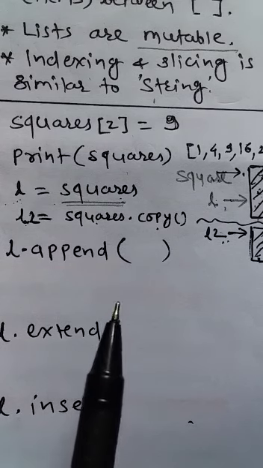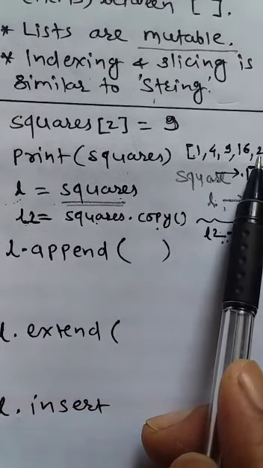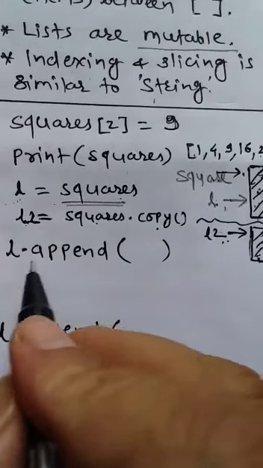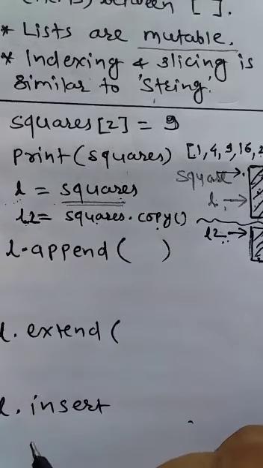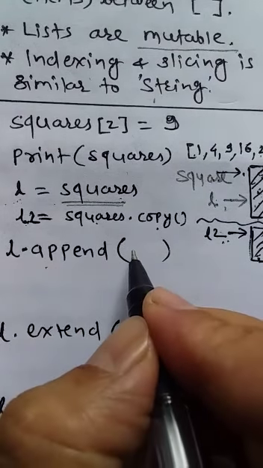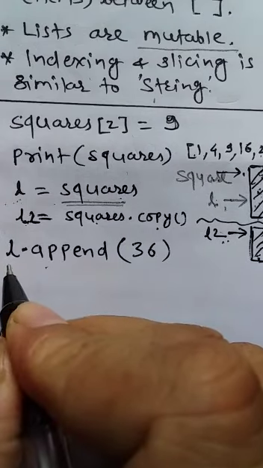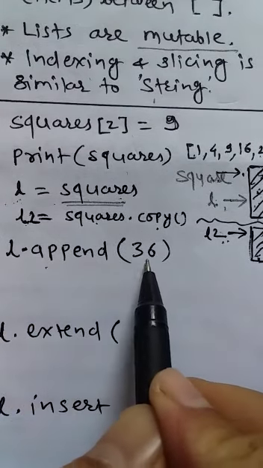We have a list and that list now contains 5 elements: 1, 4, 9, 16, 25. Now there is one built-in function which will work on the list, that is append. If you want to add any single element to the list, I write L dot append 36.